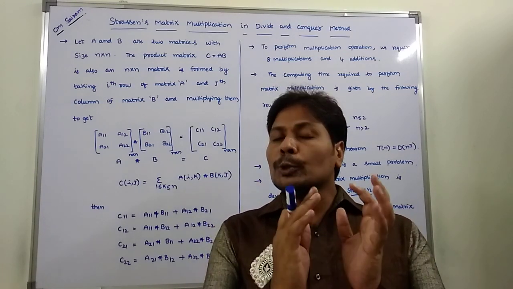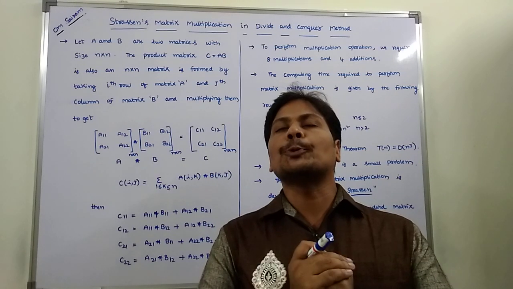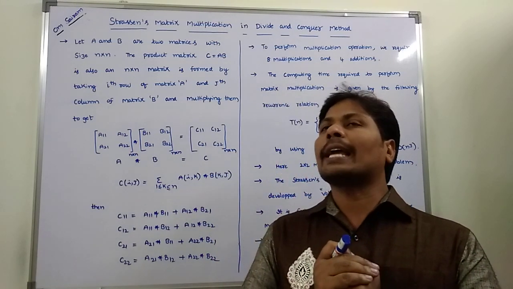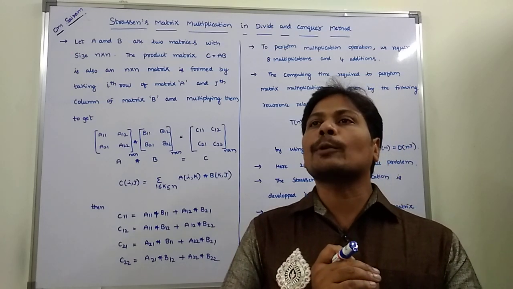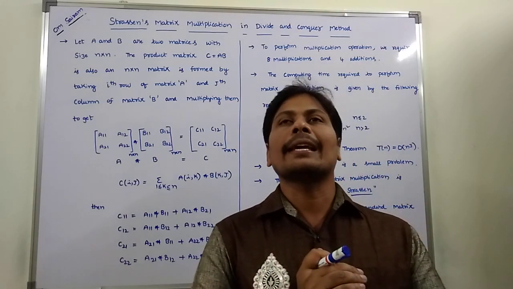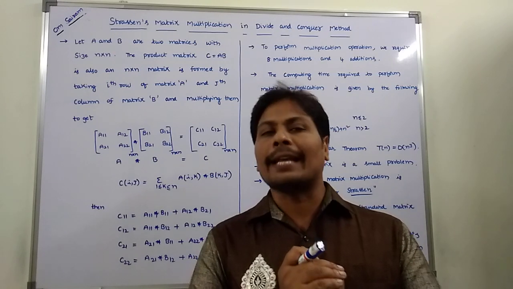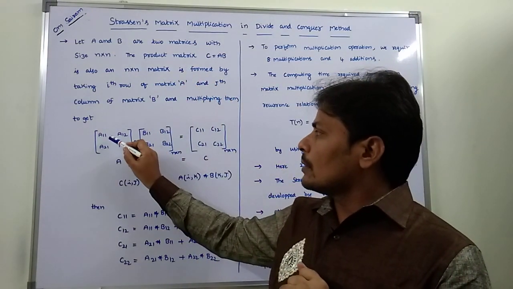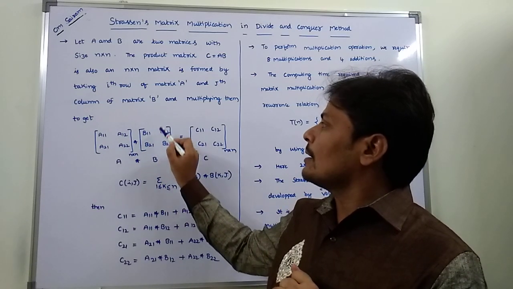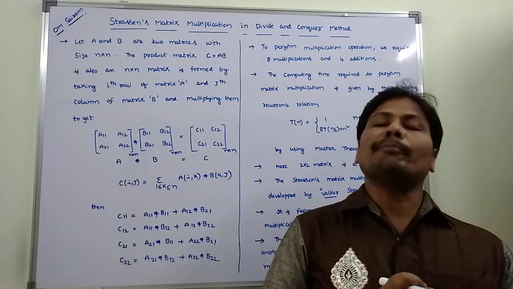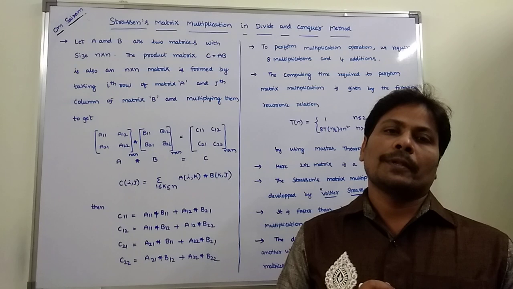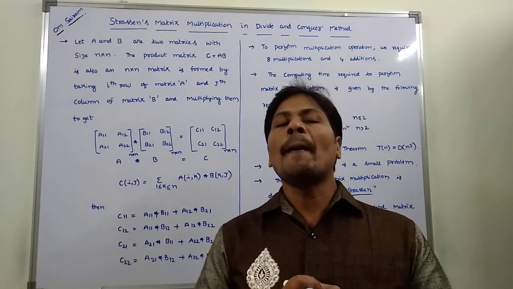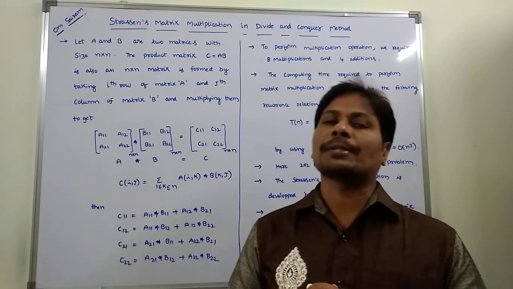How to multiply these two matrices? We take the ith row of matrix A and multiply it with the jth column of matrix B. In this way we have to perform the matrix multiplication.